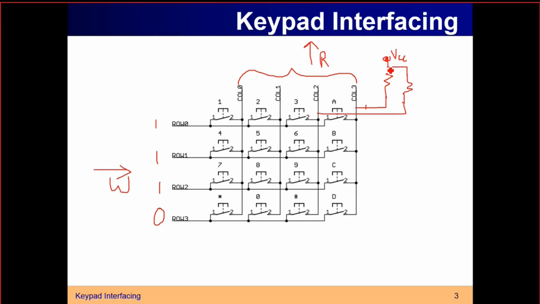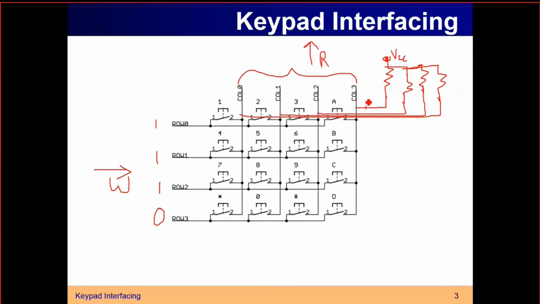This line also to VCC through another resistance. This line also I am pulling to VCC through another resistance. Right. So if none of the switches is pressed, what will be the value read here? All will be high, meaning 1. All the column values will be 1.